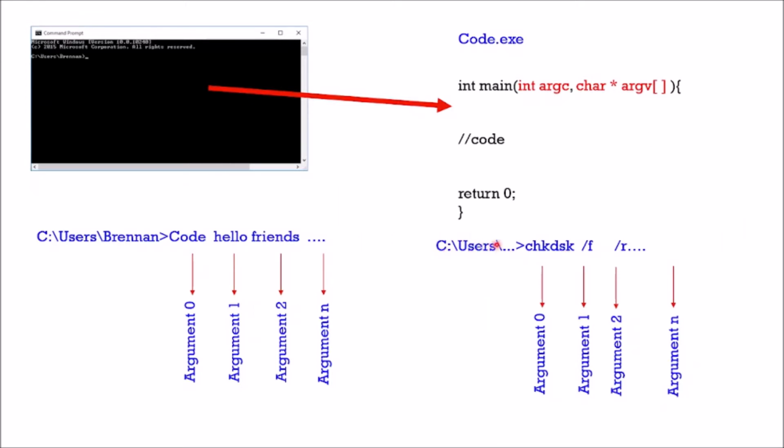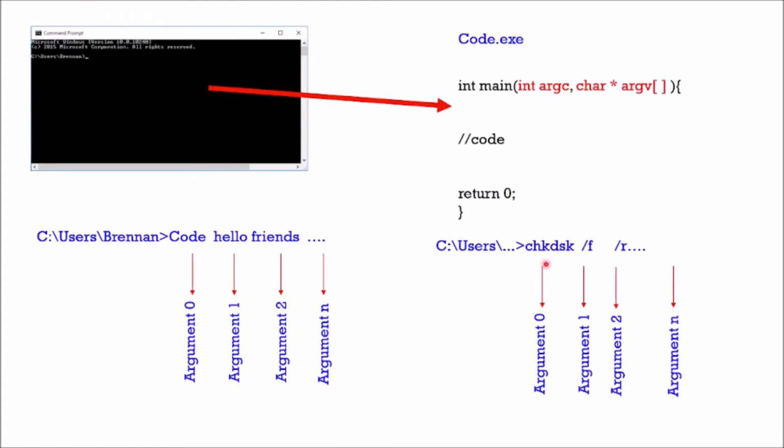As you can see here, we have a path to a command line program of the Windows operating system, which is checkdisk, and we are passing two arguments to it, which are /f and /r.